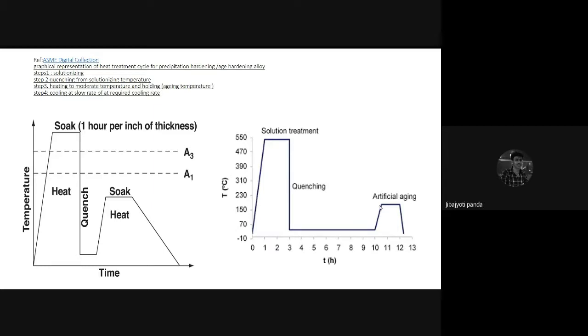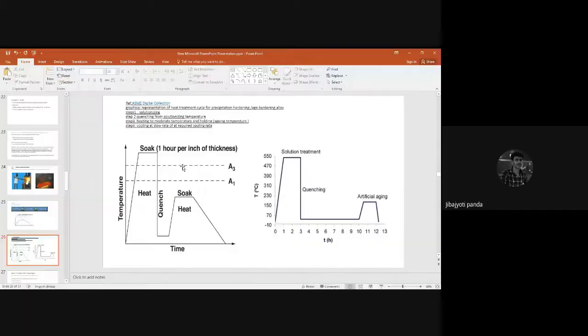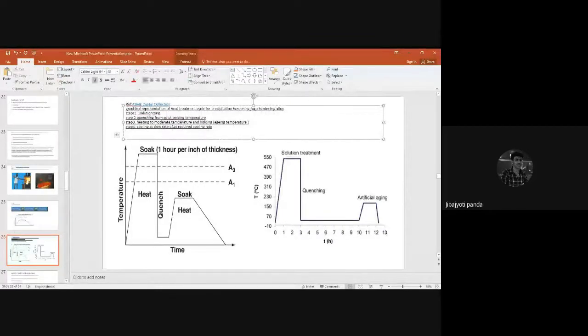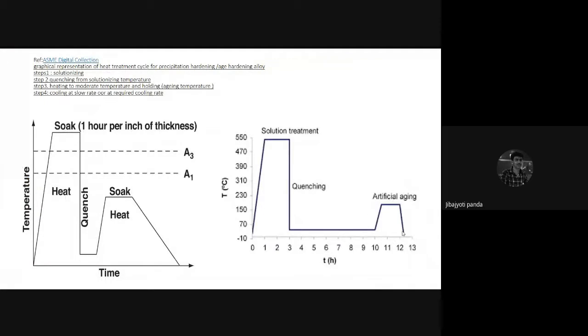Heat to a moderate temperature, at a slow rate. After this, precipitates will form. You have a matrix and you have precipitates.